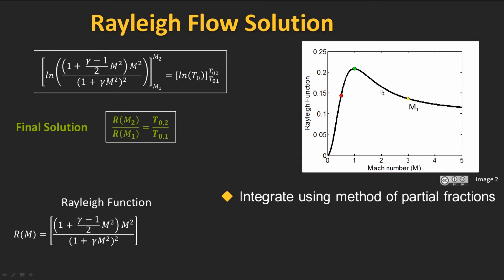So just taking a look at this curve here, we realize that if we start at Mach number M1, and the value of the Rayleigh function corresponding to that is somewhere here, in order for the Rayleigh function value at the downstream Mach number to be greater than the value at M1, we need that the Mach number at the downstream location has to be along this branch.